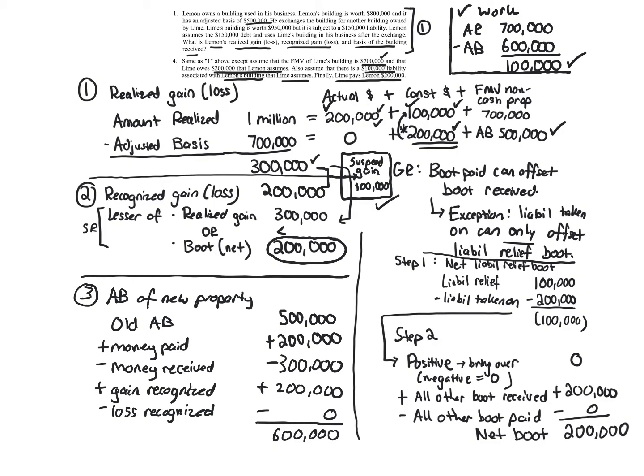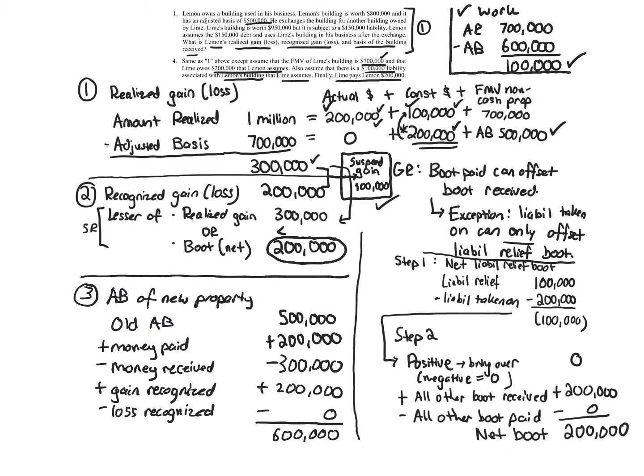Because remember, it's going to be zero recognized gain or loss. But in problem 2, we then brought boot into the mix. In problem 3, we had boot received and boot paid, but not constructive boot paid. And then in problem 4, we had constructive boot paid, and you saw how that made a difference.